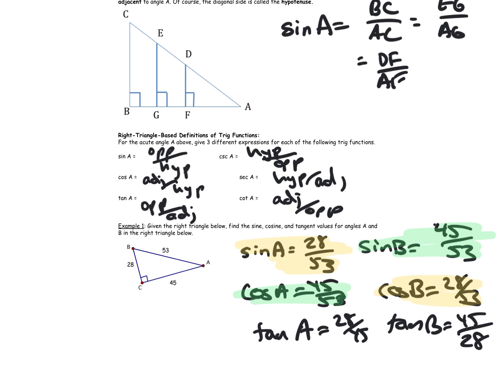The others are reciprocals. So it turns out that sine and cosine have a particular relationship.